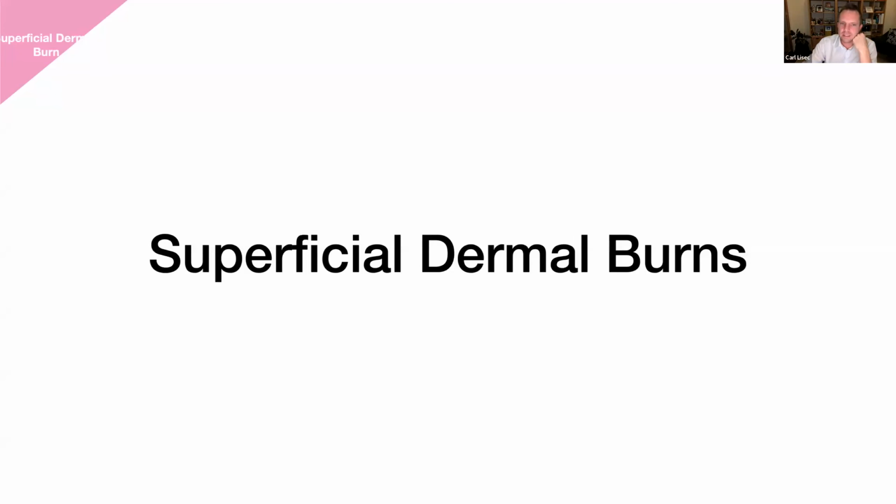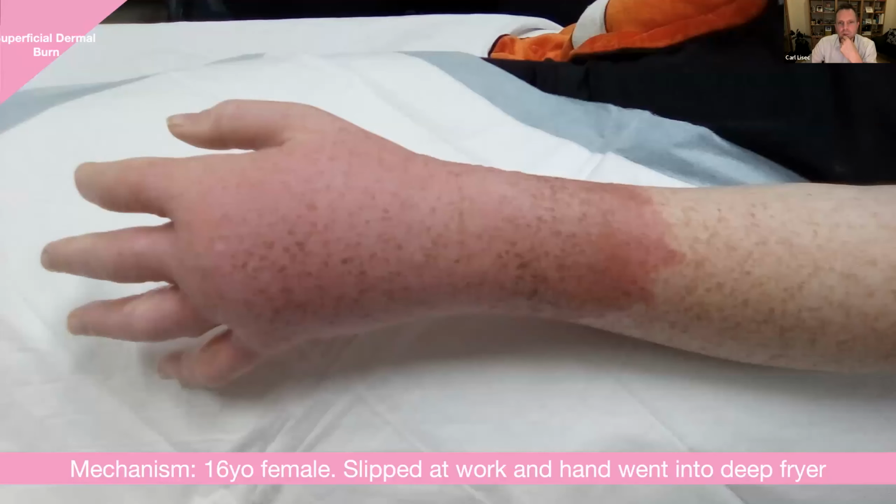As soon as you start seeing a blister, if the burn blisters, then we're dealing with a partial thickness burn. So really, really superficial burns, superficial partial thickness burns might look like this. So this is a young girl, slipped at work and the hand went into a deep fryer. Now most deep fryers are probably 160, 180 degrees.